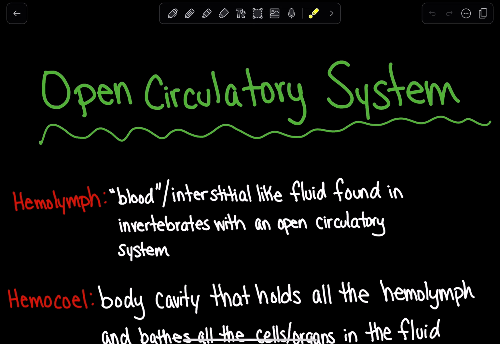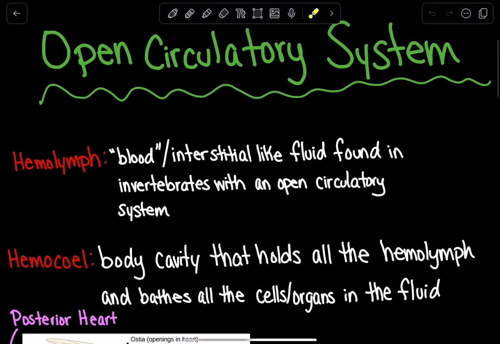But in an open circulatory system, the key difference is that the fluid medium that is carrying those nutrients and gases is not enclosed within a blood vessel. So in a closed circulatory system, your fluid is enclosed within a blood vessel, but in an open circulatory system, your fluid is not enclosed within a blood vessel.